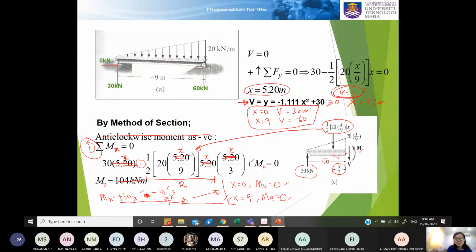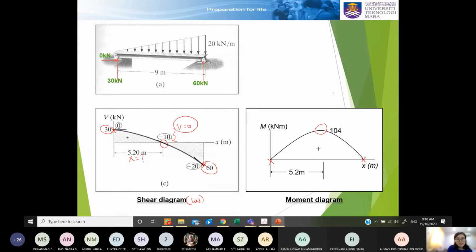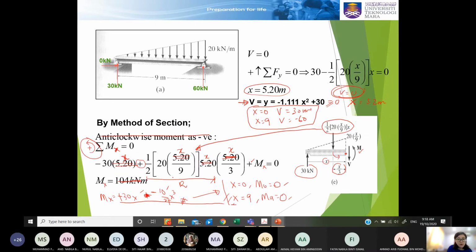Meaning that 30 going to the, and then you solve this equation. Once you get V equal to 0 at 5.2, you know that the maximum moment will occur at 5.2 as well. So what you need to do is put x equal to 5.2 meter into your moment equation.